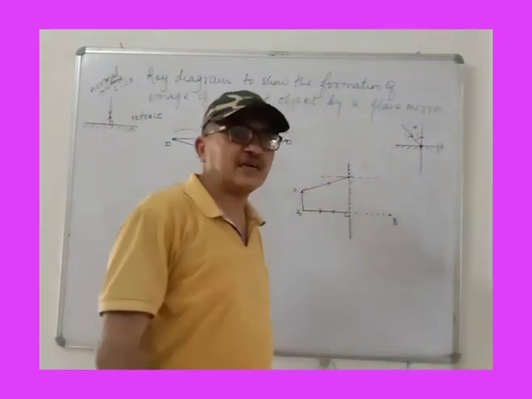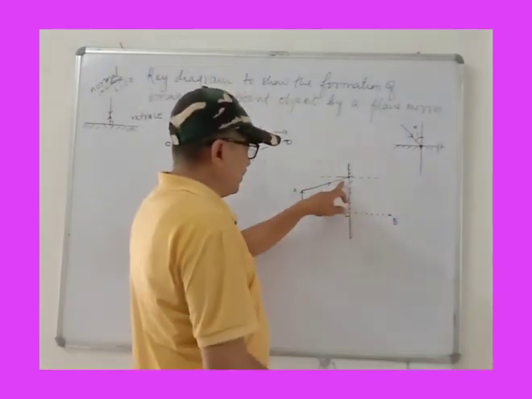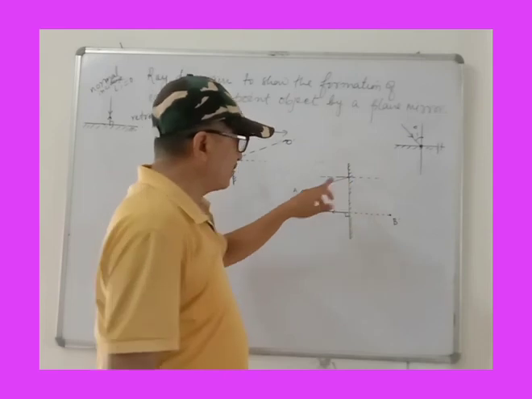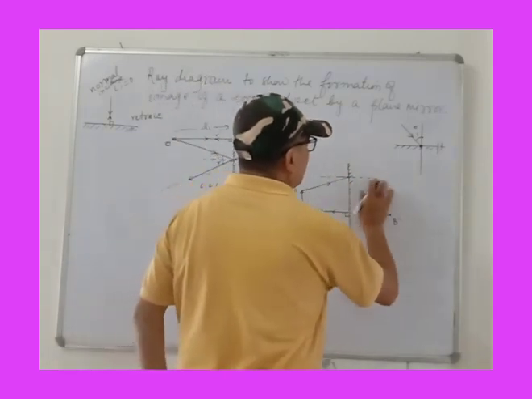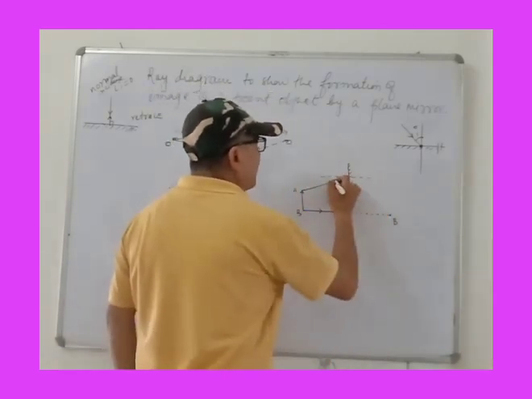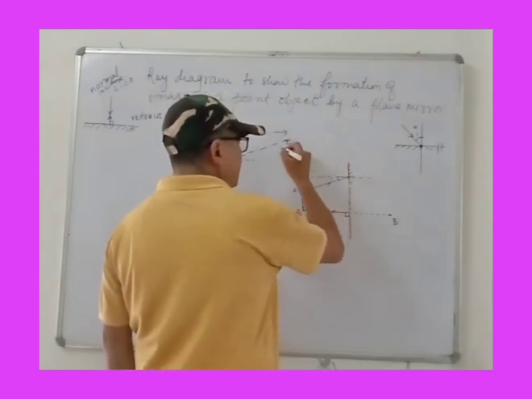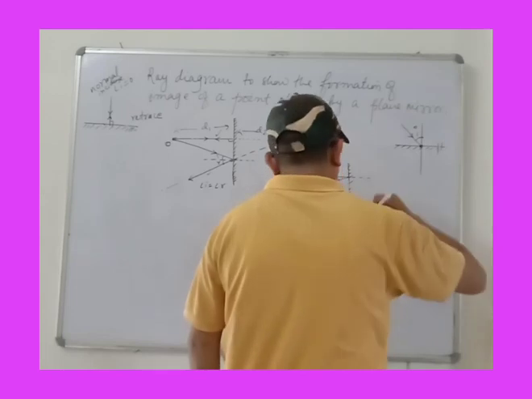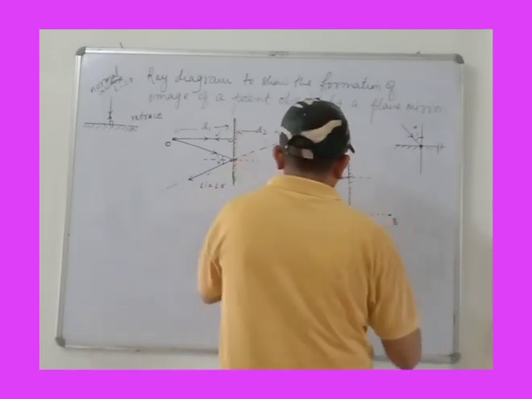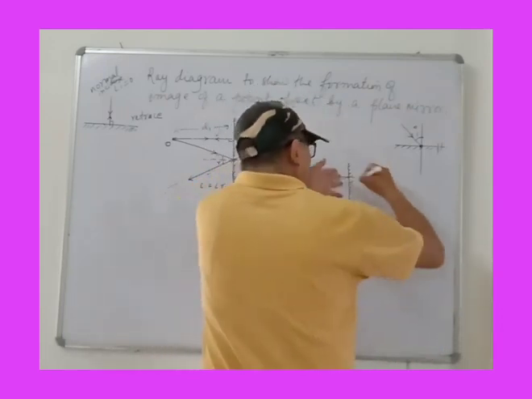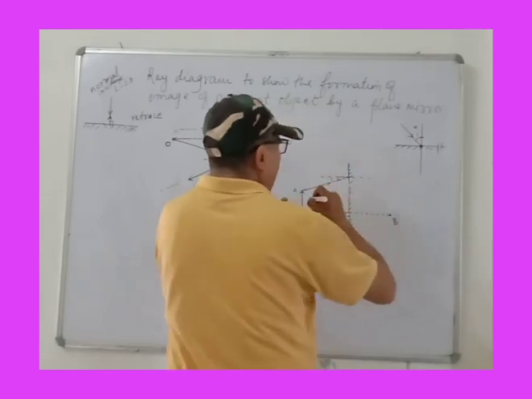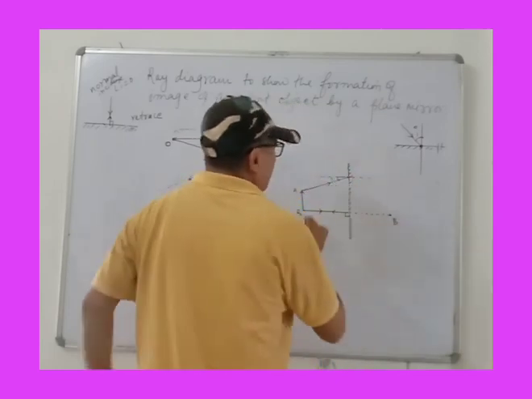It is incident here, so we have to draw a normal over here. And the same angle it will maintain, and return. But while returning, it will join here, so we have to maintain the direction. Let's not draw now.